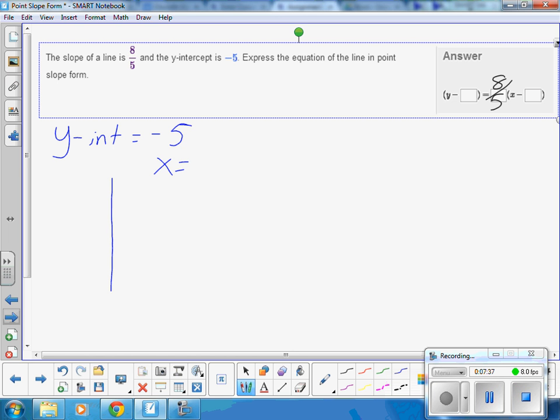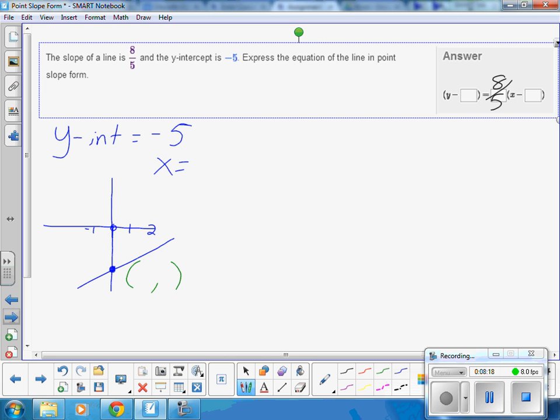Well, think of a graph. On a graph, when my line crosses the y-axis at a negative 5, what is that ordered pair there? That's what you need to think about. If my y-intercept is a negative 5, that means my x value, remember this is negative 1, 0, 1, 2, my x value is 0.